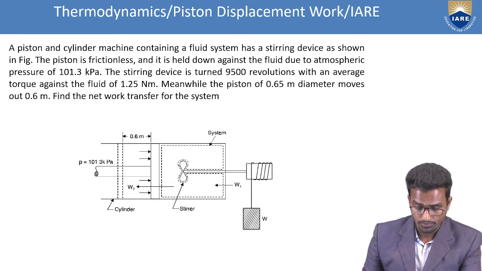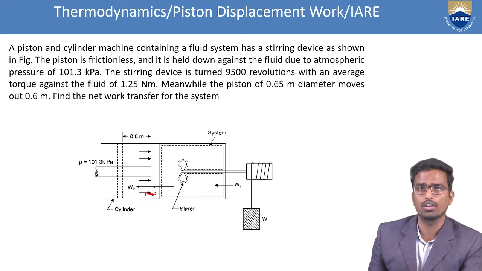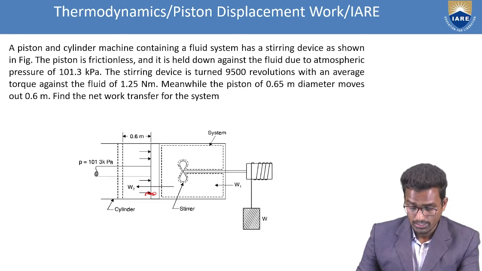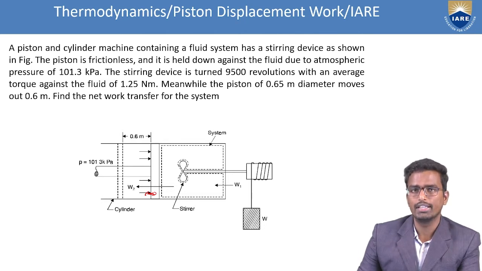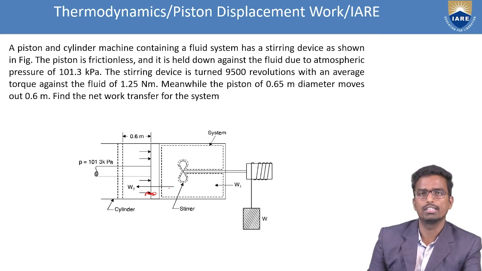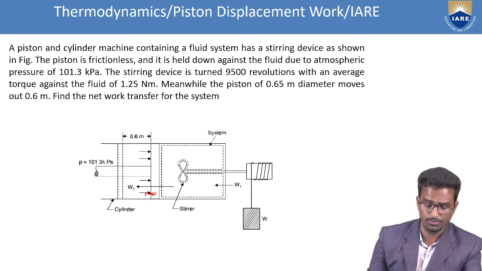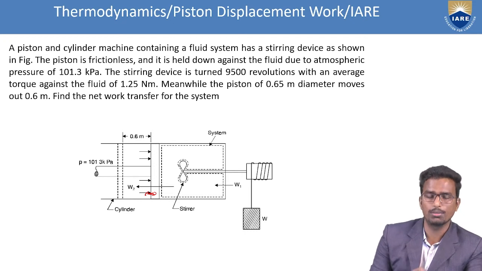The piston is frictionless, so it can easily move forward and backward, and it is held down against the fluid. Inside it is a fluid, held down due to the atmospheric pressure of 101.325 kilopascals, because it is held to some position, right?